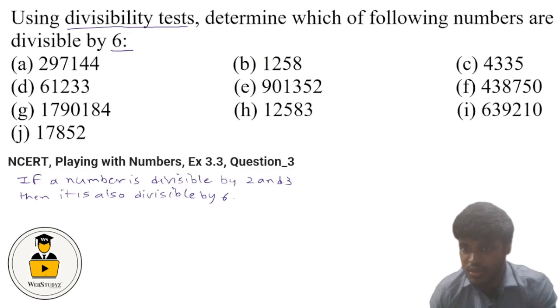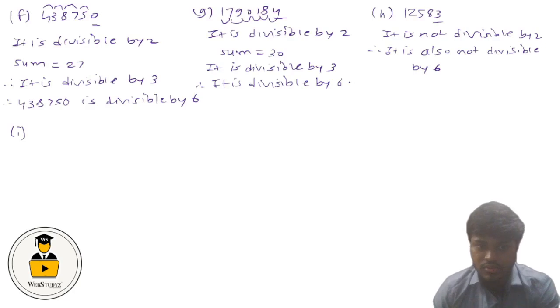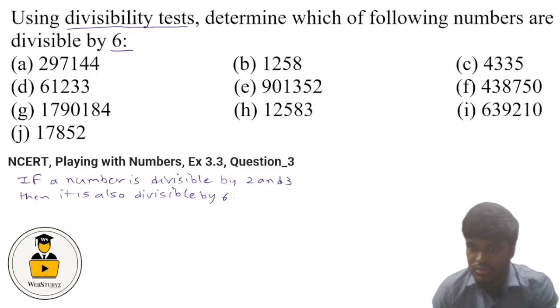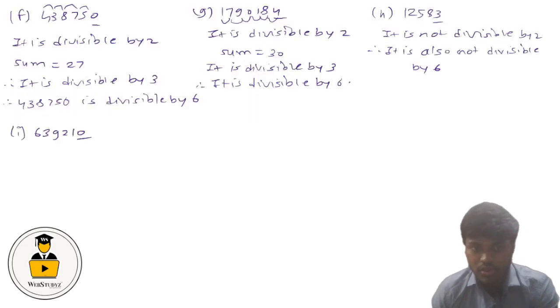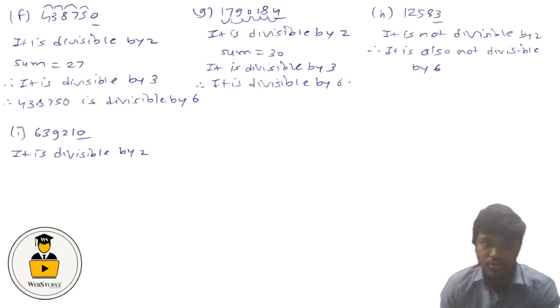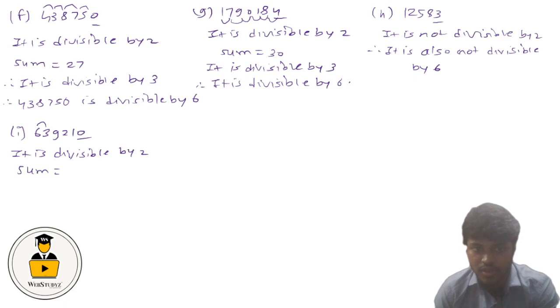Then consider the next one, 6,39,210. The last digit here is 0, so it is divisible by 2. And let us find the sum of digits. 6 plus 3 is 9, 9 plus 9 is 18, 18 plus 2 is 20, and 20 plus 1 is 21.